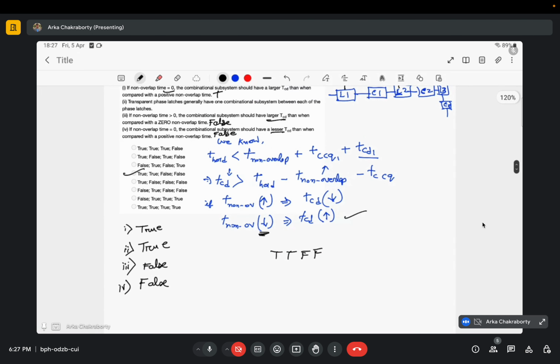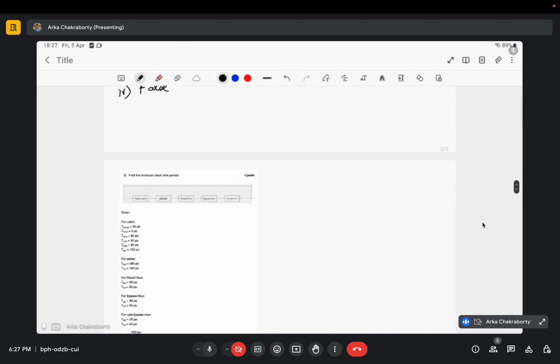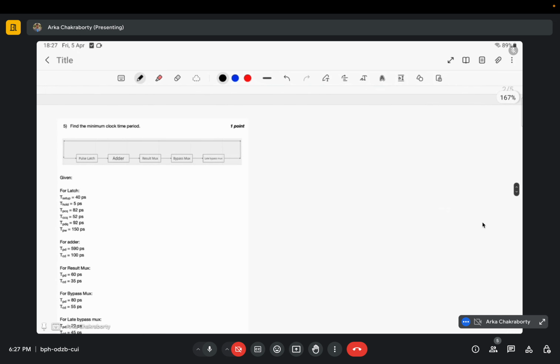Fine, let's move on. Question number 5. It has been mentioned to find the minimum clock time period, but here instead of a flip-flop, they have used a pulse latch.